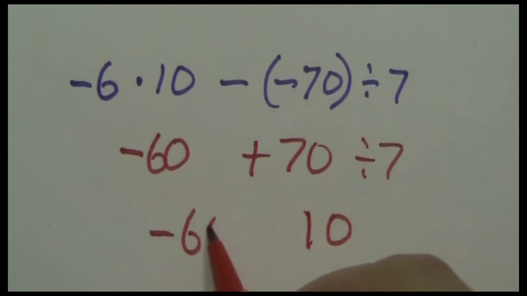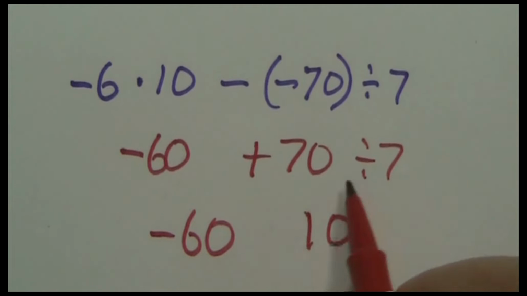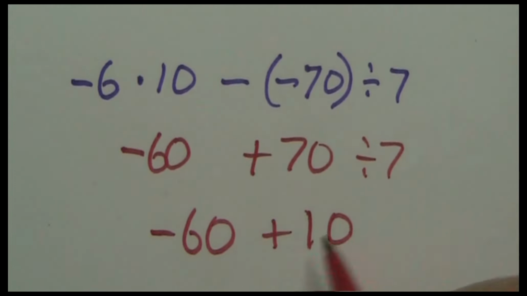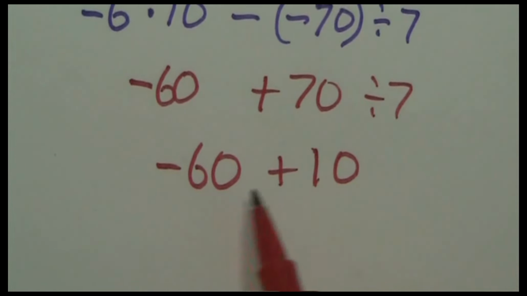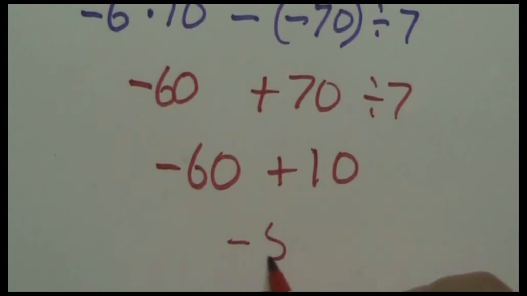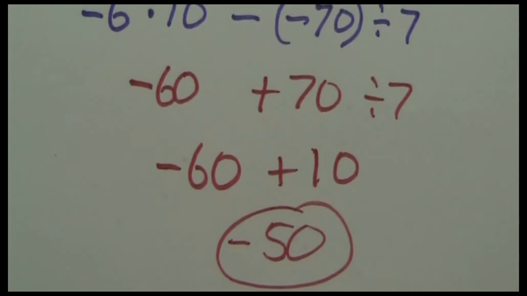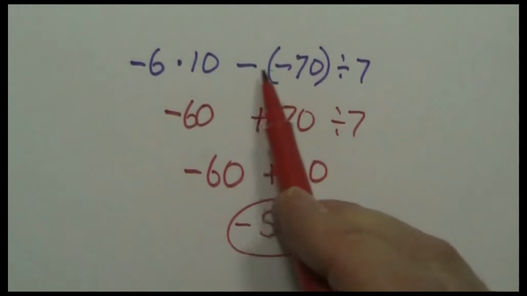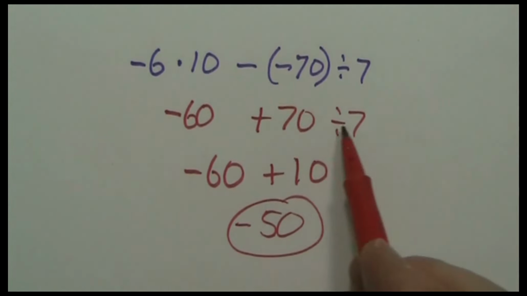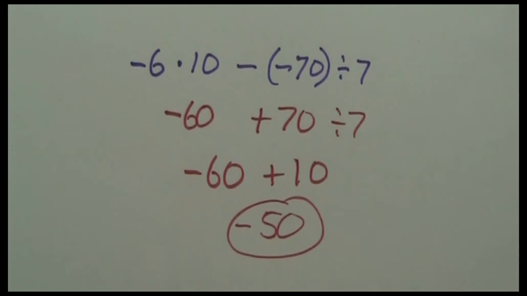So now you have negative 60, and that's a positive 10. Positive or plus 10, it's the same thing. And look at the answer. It comes out the same. So if you were to make this a big plus, that's okay. It would have come out the same answer.